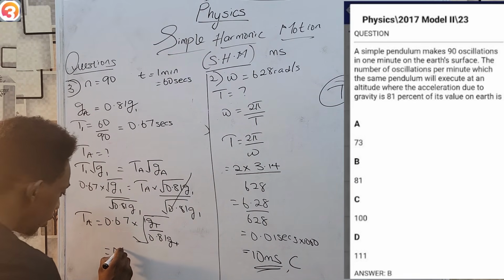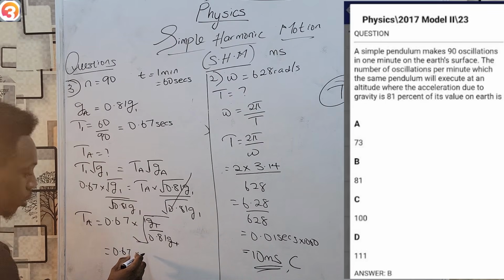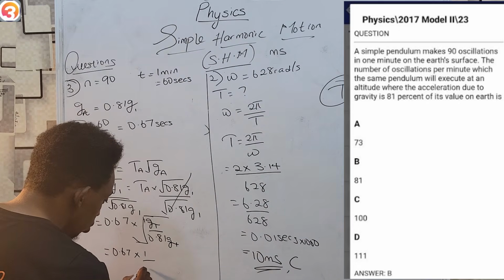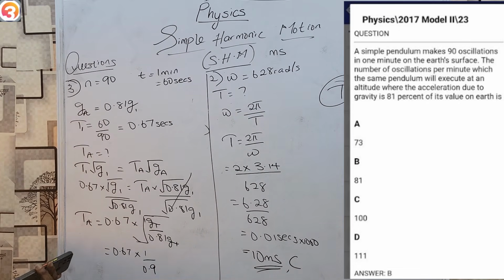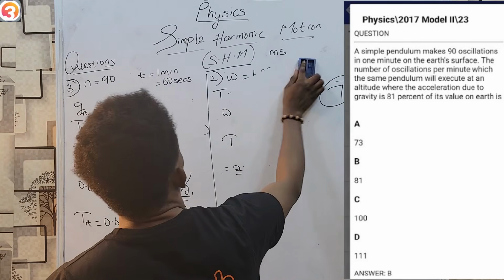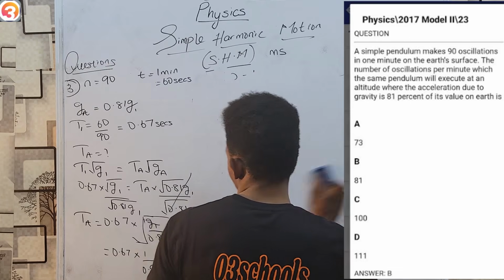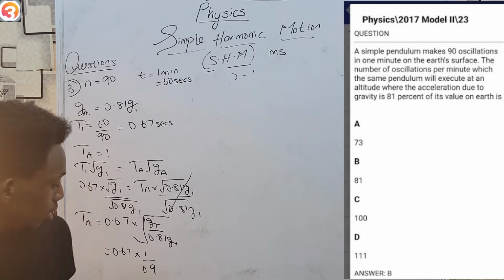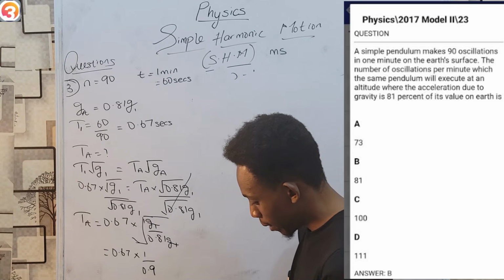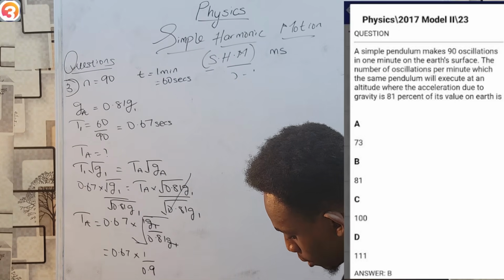That becomes 0.67 times square root of 1, which is what is left as the numerator, 1. Square root of 0.81 is 0.9. Okay, so cleaning this up so we can have some extra space to solve. We can therefore say that using our calculator, let us find 0.67 times 1 over 0.9.